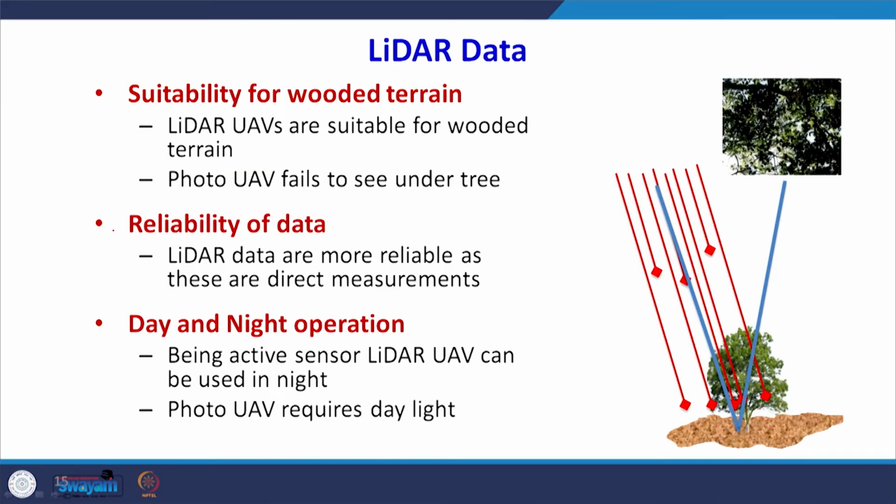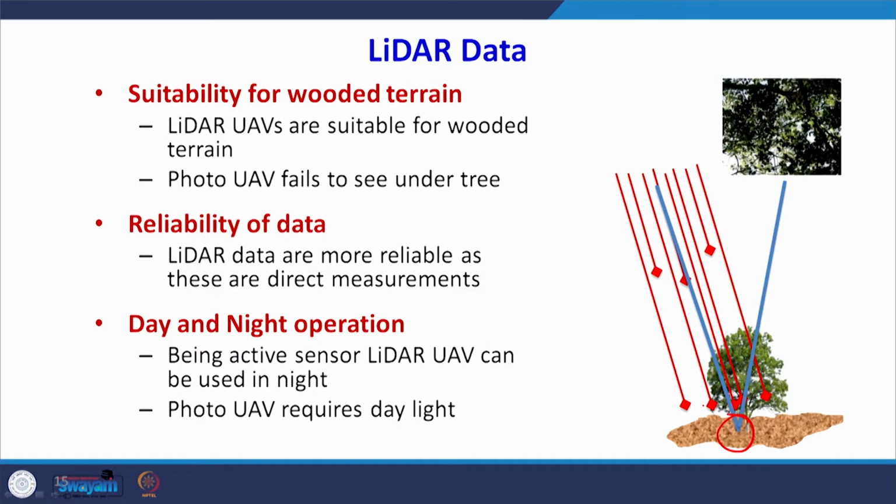Now once we are sending several pulses, the other advantage is that in case of a tree cover, in case of a vegetation cover, sometimes the ground is obstructed, the ground is not visible. But here when you are sending several rays, some of the pulses will actually penetrate to the ground.